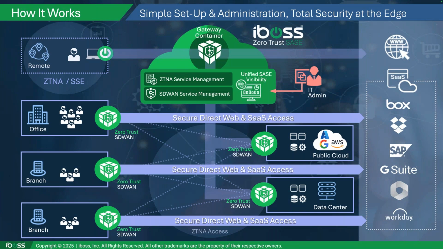The headquarters, the branch office, the coffee shop, the airport, in that all traffic will flow through the iboss cloud, through the customer's tenant, and we will get full visibility. We'll apply the same consistent security policies and security layers to all traffic, and provide the transport, the connectivity to route traffic to the right location.